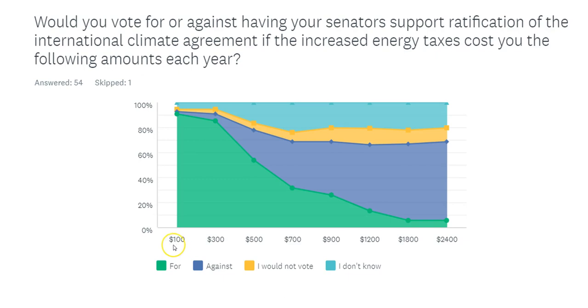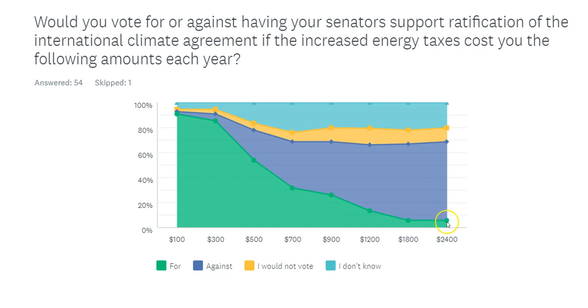So when the higher energy taxes are relatively low, 100 bucks, about 90% or so of you all said that you would pay that amount. And then as the cost rises, you see that the percentage that would pay falls to the point where it goes almost down to 0.